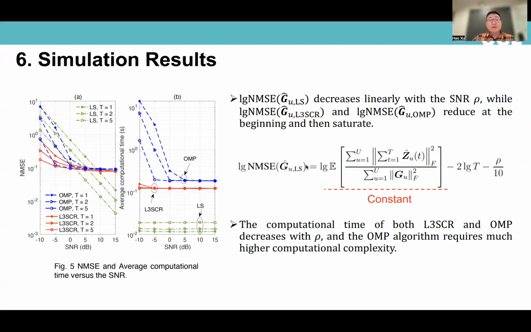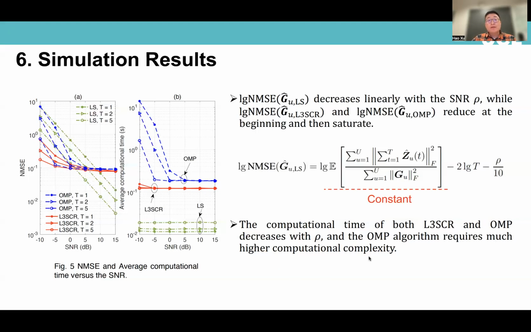Differently, the performance of the other two schemes is affected not only by rho and T, but also by K and M. From this figure, we can also see that the computational time of both L3SCR and OMP decreases with rho, and the OMP algorithm requires much higher computational complexity.